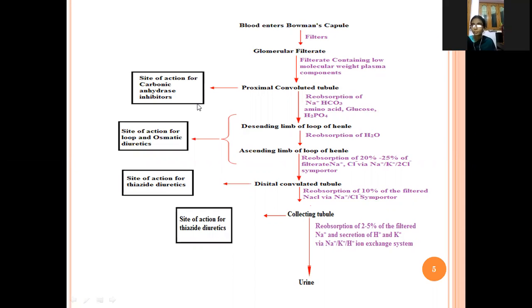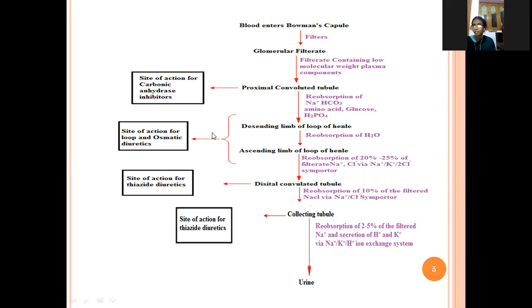The remaining fluid is then transferred to the descending limb of the loop of Henle, where reabsorption of water occurs.